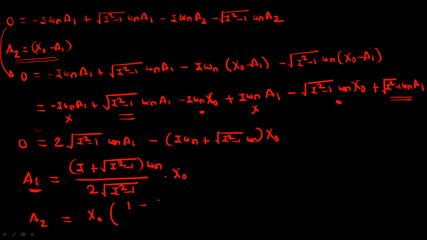This is 1 minus this complete term, that is zeta plus square root zeta square minus 1 upon 2 square root zeta square minus 1. If you want, you can simplify this equation, just cross multiply. And now put this value in the basic equation.